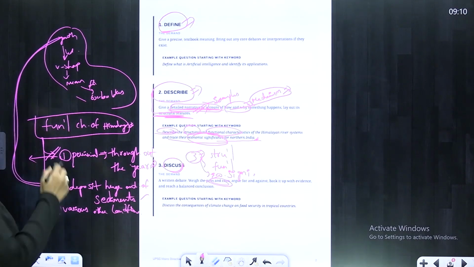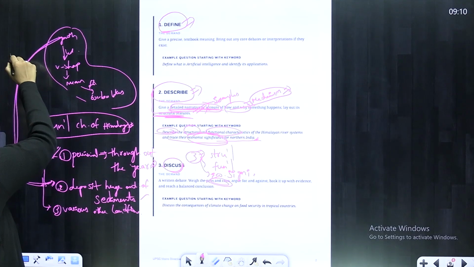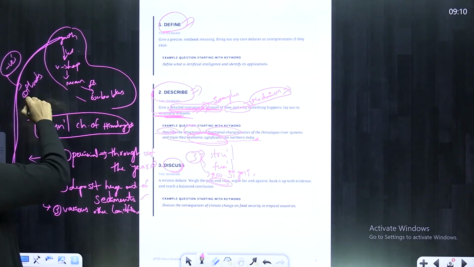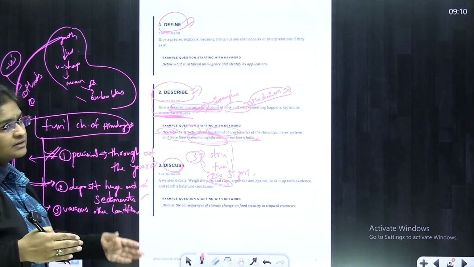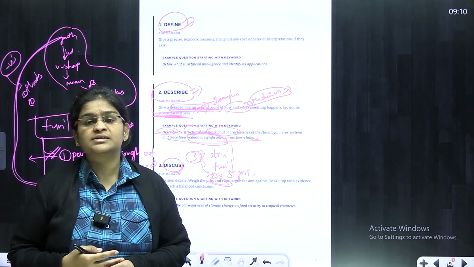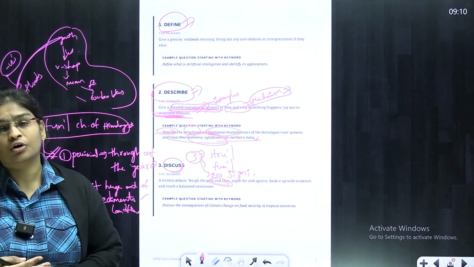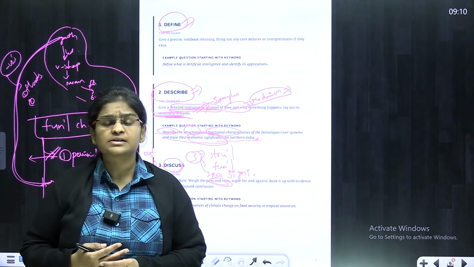While writing the negatives for this question, we can mention the occurrence of floods because of frequent changing of the course of the river. For example, in Bihar, the Kosi is the sorrow of Bihar. The Damodar is the sorrow of Bengal.